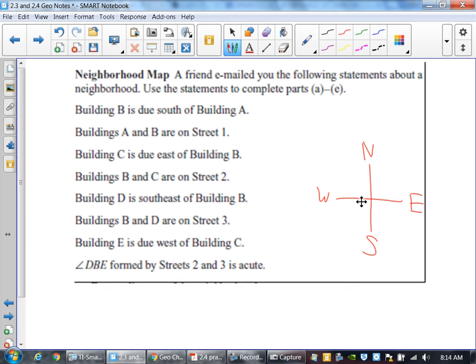statement says that angle DBE formed by streets 2 and 3 is an acute angle.